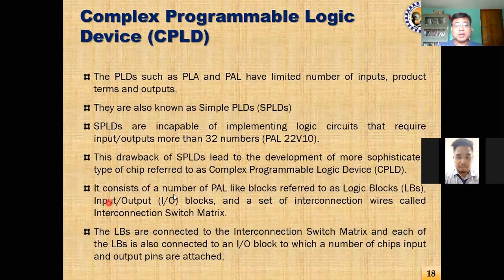It consists of a number of block-like structures. These are referred to as logic blocks, input output blocks, and the set of interconnection wires called the interconnection switch matrix. The logic blocks are connected to the interconnection switch matrix, and each logic block is also connected to an IO block, to which a number of the chip's input and output pins are attached.